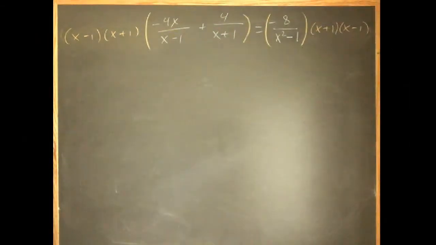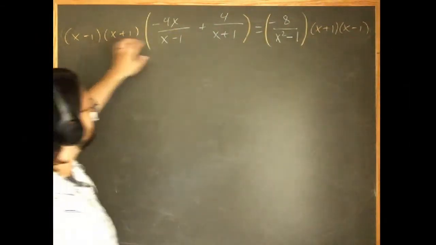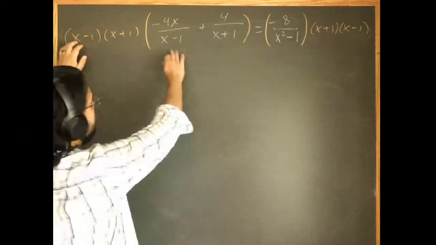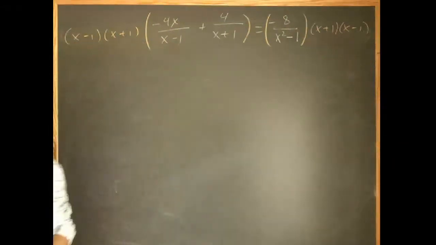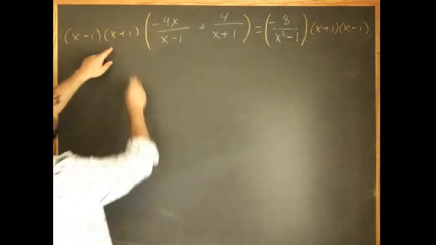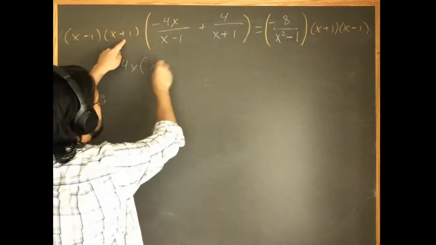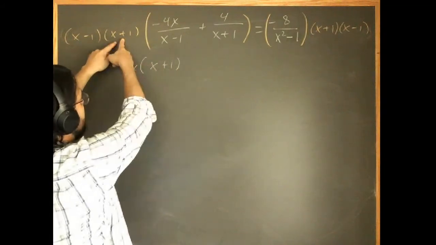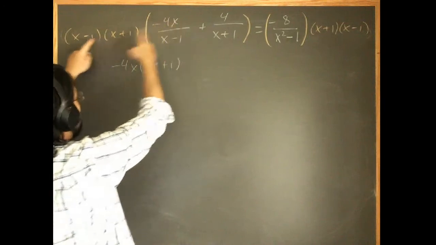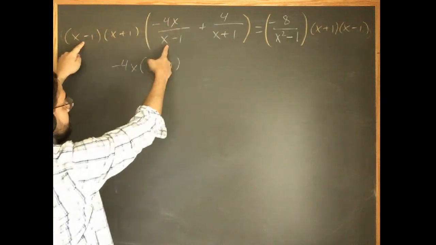Okay, so coming back, we'll have to multiply these to both of these terms. Here, the x minus 1s will cancel each other out, and we're going to be left with negative 4x times the x plus 1, right? So the x plus 1 here multiplies by the negative 4x, and then the x minus 1 cancels with this one.